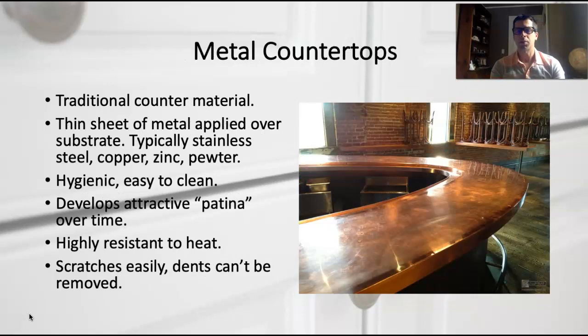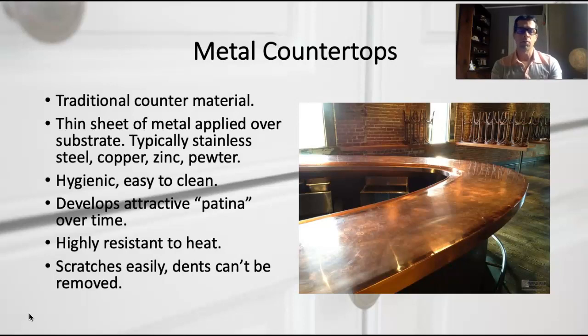Metal countertops are another traditional material, and it's generally a thin sheet of metal applied over usually a wooden substrate. Stainless steel, copper, and zinc are all very common metal countertop materials.